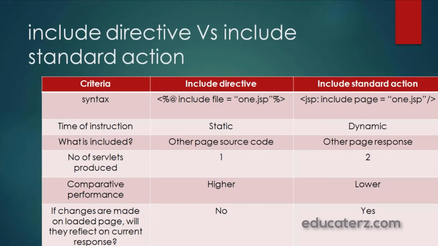If directive is used to include header.jsp, when the first request comes for 1.jsp, all the process is done and the response is sent. When a second request comes for 1.jsp, the request is processed and the response is directly sent. Again, translation is not done. Hence, performance is not lost. This would be the case for the rest of the JSPs.